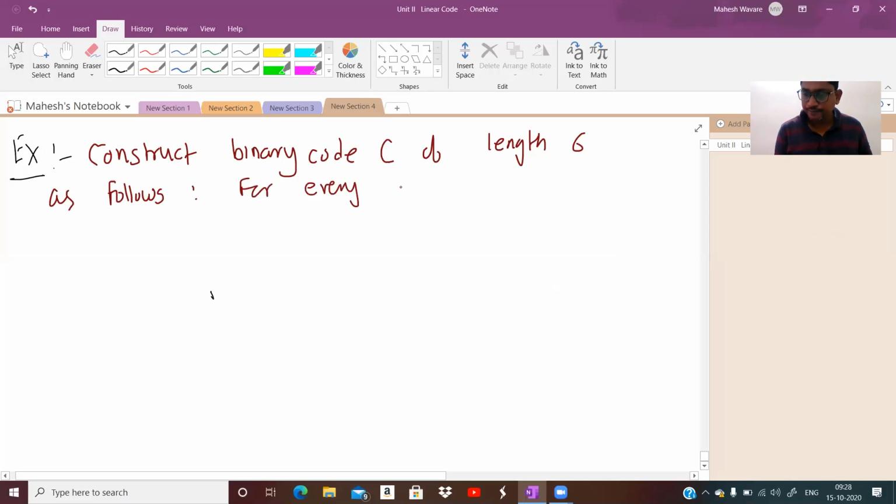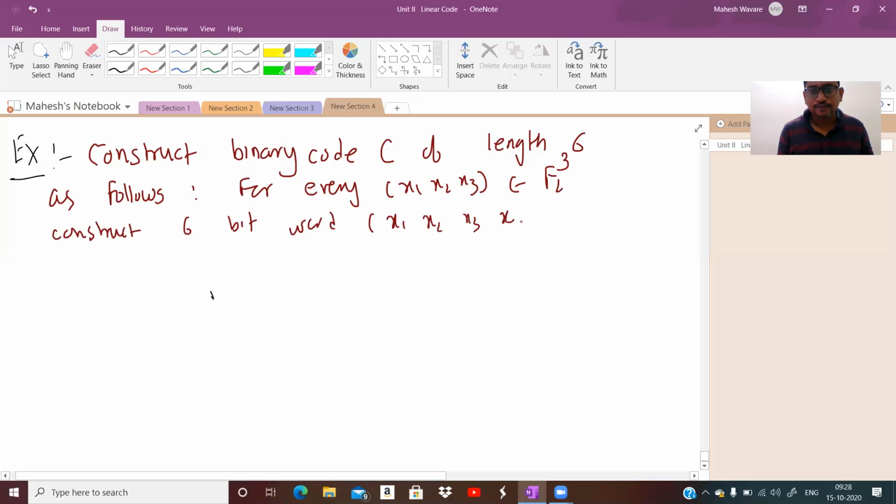For every x1, x2, x3, this will be compulsory from F3. Construct a 6-bit word x1, x2, x3, x4, x5, x6. This is from C. C has length 6.